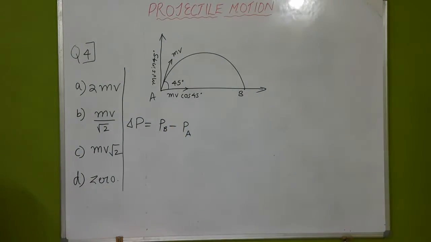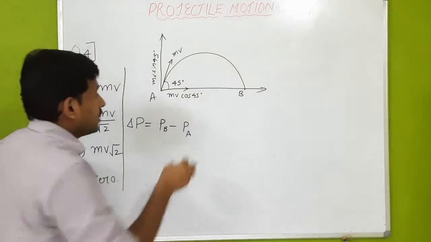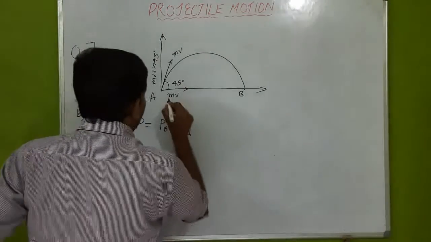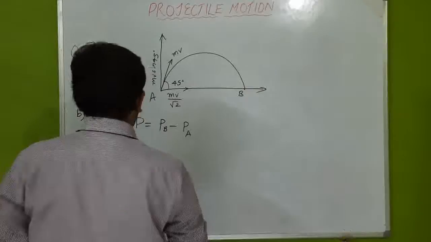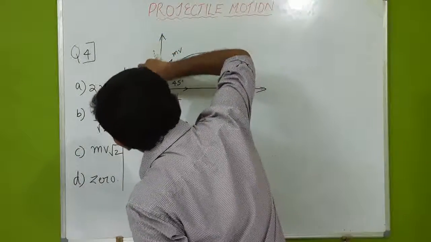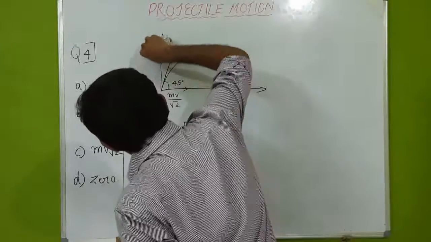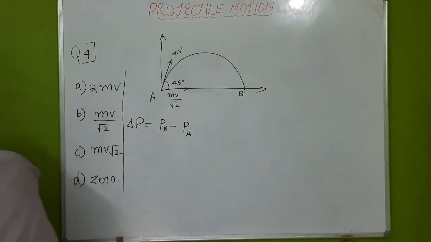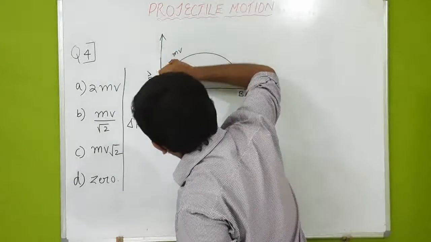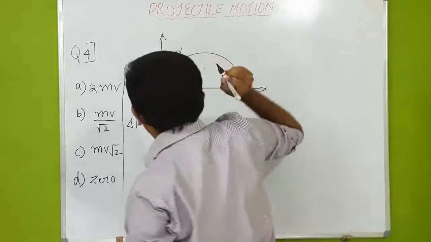Cos 45 is 1 by root 2. Therefore, I can replace this cos 45 and write it here as mv by root 2. Similarly, sine 45 is also 1 by root 2, and therefore the y component of momentum at the initial point can be replaced with mv by root 2.